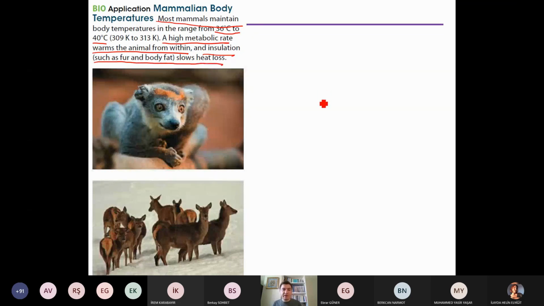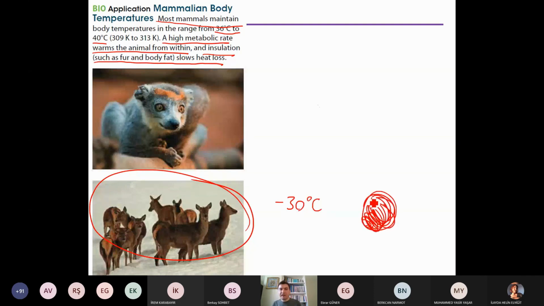Let's consider these animals are living in winter, and let's say the outside temperature is 30 degrees Celsius. And this is the body of these animals, and they have a body temperature of, let's say, 38 degrees Celsius.